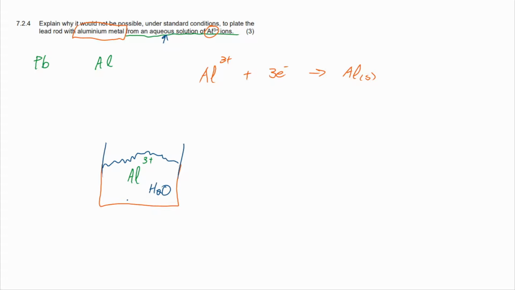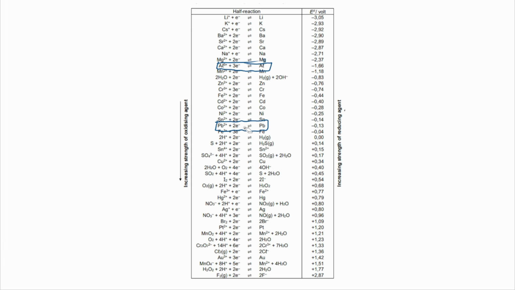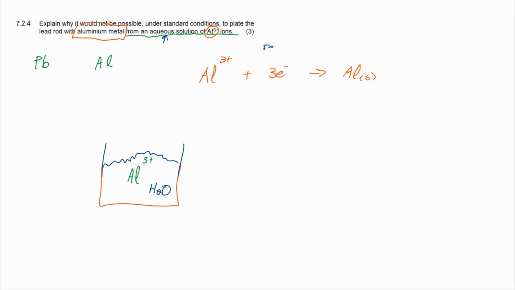So we look at what's in our solution. We need to see what's competing to be reduced. That was not what I had here, because we won't have lead ions, we'll have solid lead. So we're looking at things that are competing to be reduced, because this needs to be reduced. And the thing that will be reduced will be the strongest oxidizing agent.